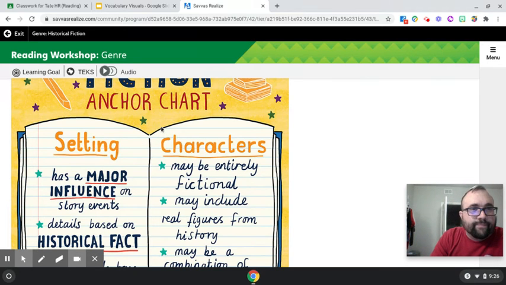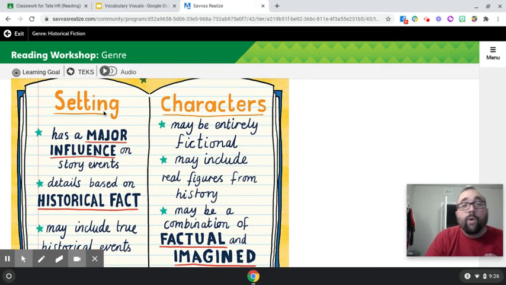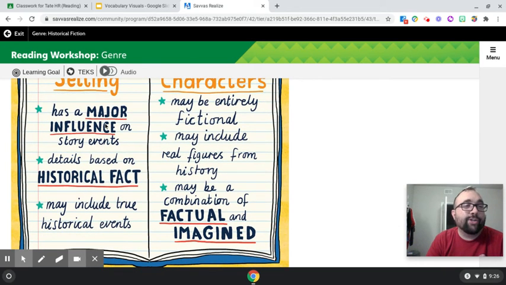So, let's look. Historical fiction, one of the main characteristics or elements is setting and characters. Let's look at setting first. So, the setting has a major influence on story events. Okay, so what is setting? Good job. Raise your hand next time. Setting is the time or place, right? Time and place, not or, and.